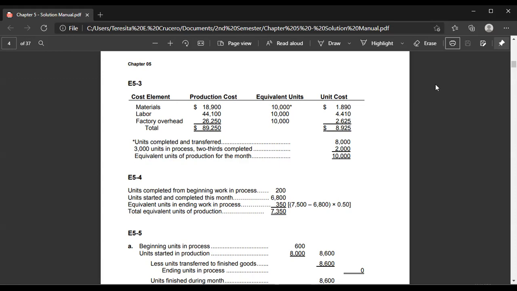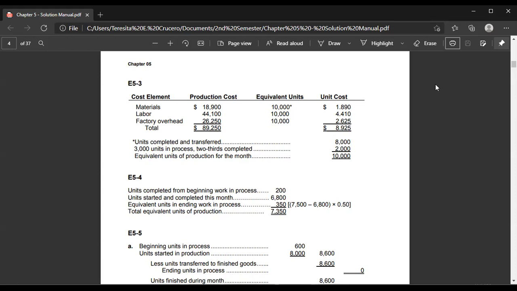Out of these 7,700 units, 7,000 units were completed: 200 coming from the beginning inventory and 6,800 coming from the just started. Now, if the just started totaled 7,500 units and 6,800 were completed, in other words, the units in the ending inventory is 700. Okay?